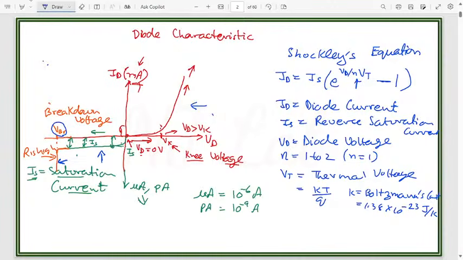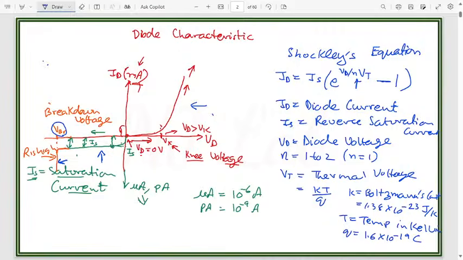T is our temperature in Kelvin. And q is the charge of the charge carrier. Since in the diode we have charge in the form of electrons or holes, the charge is always equal to 1.6 into 10 power minus 19 coulomb.